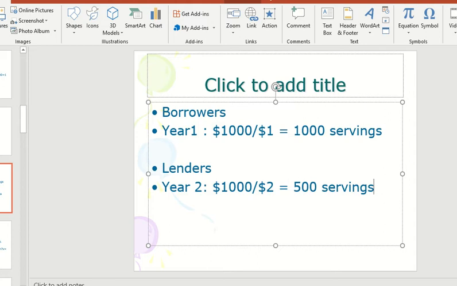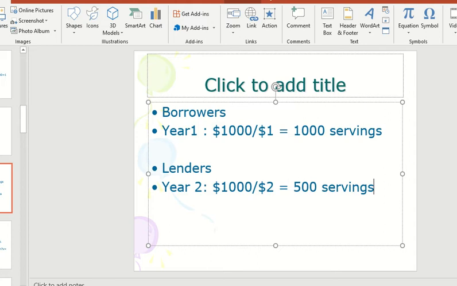But some of you may notice that there is a problem with this scenario. Many of you will say that there is no way lenders are going to just get back the principal, because when we make a loan, we get the principal plus the interest, right? So let's add interest into the scenario.